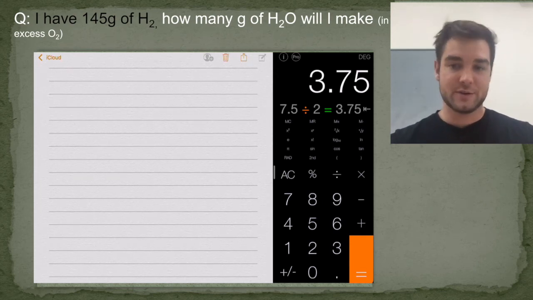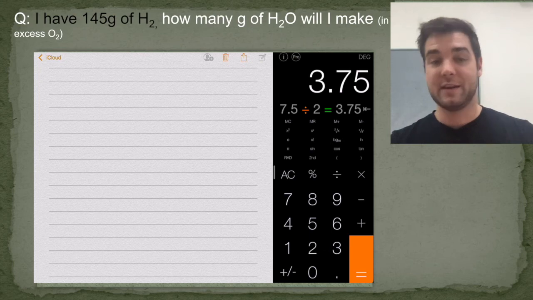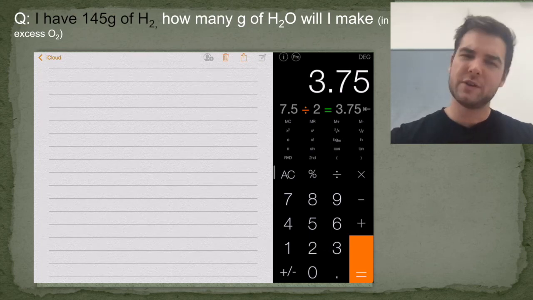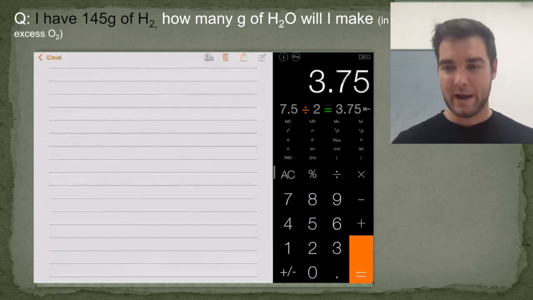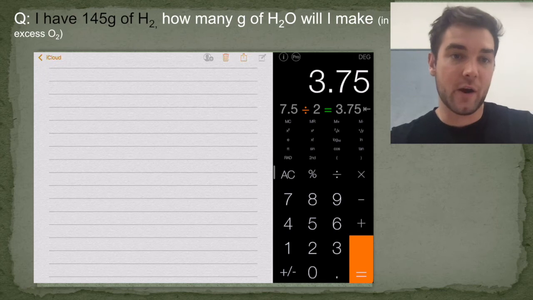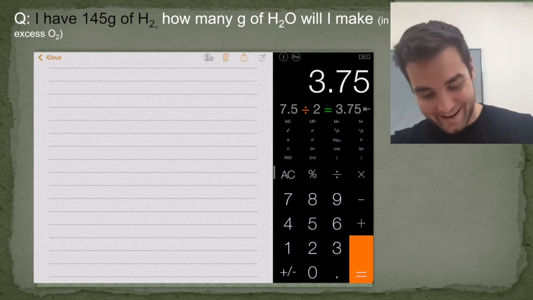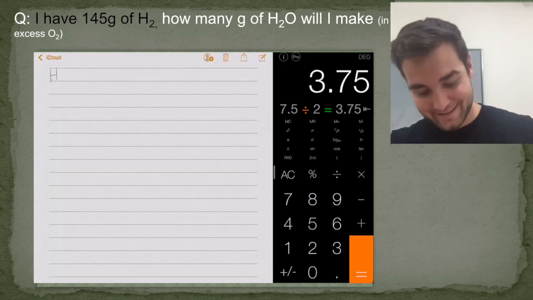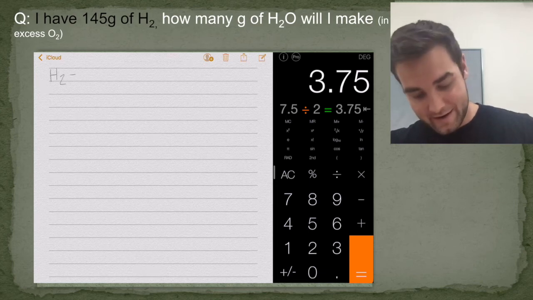You'll be needing to do questions like this all the time, and I wanted to show you this so you could see how I fully work out a problem from scratch on paper. And I haven't actually done this one before, so we'll see how we go. Let's hope I don't make any silly mistakes. So H2 is 145 grams.